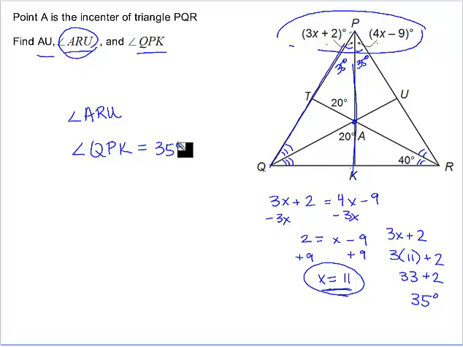Okay. ARU, so ARU is this angle right here, which we've marked as congruent to this 40 degrees. So angle ARU has to be 40 degrees. So there we found those two measurements.